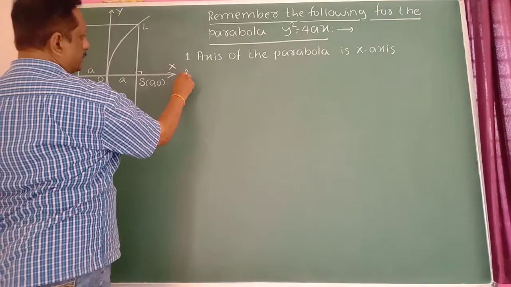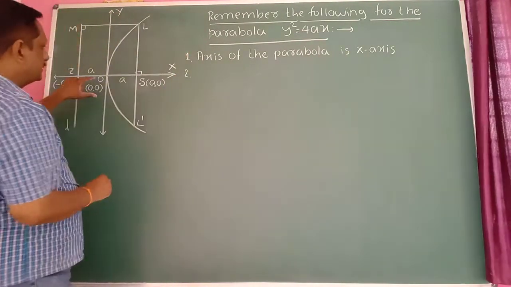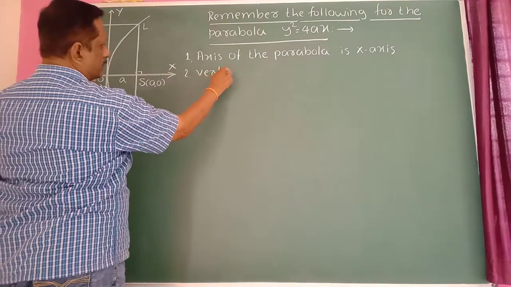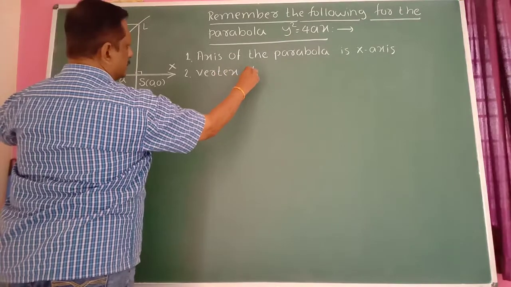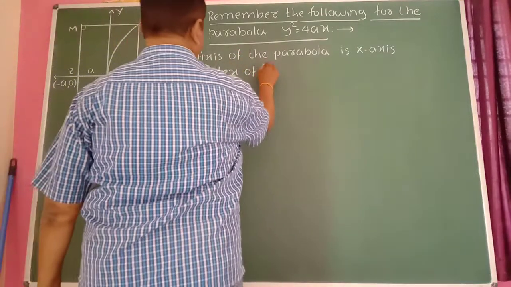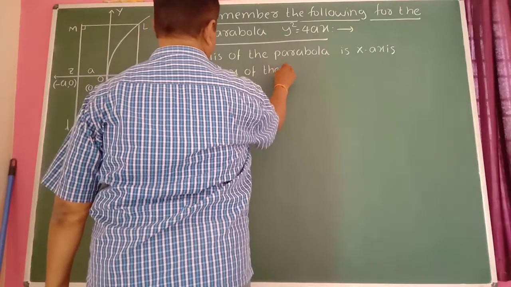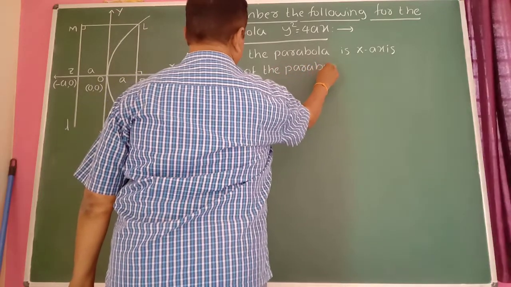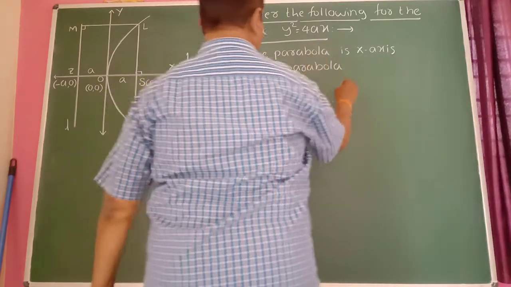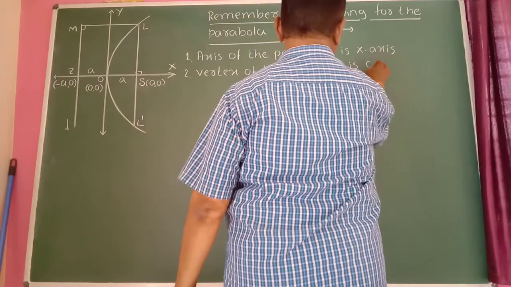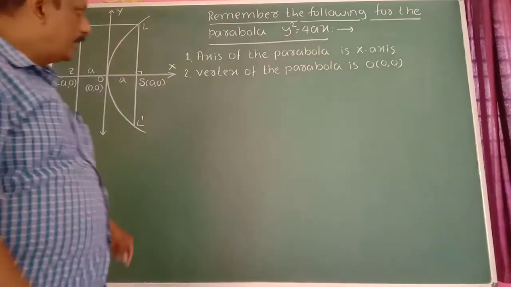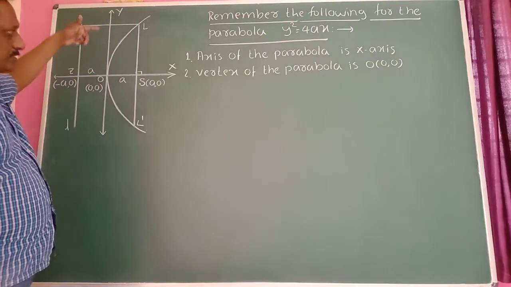Second one, the vertex is the origin. The vertex of the parabola is the origin, 0, 0. And here the tangent at the vertex is the y-axis.